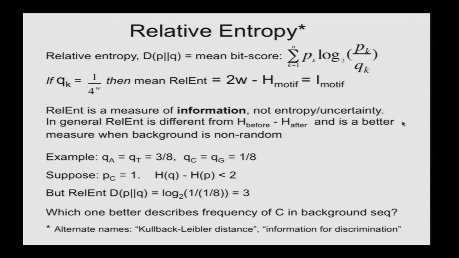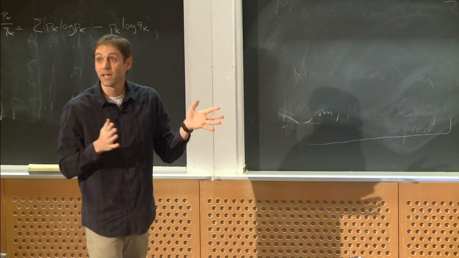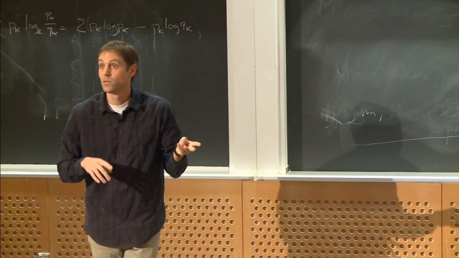And so it turns out that if you have a very biased composition, so here's one that's 75% AT, probability of A and T are 3/8, C and G are 1/8. If your motif is just a C 100% of the time, your information content by the original formula that I gave you would be 2 bits.